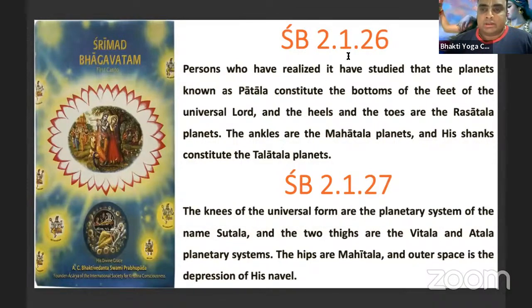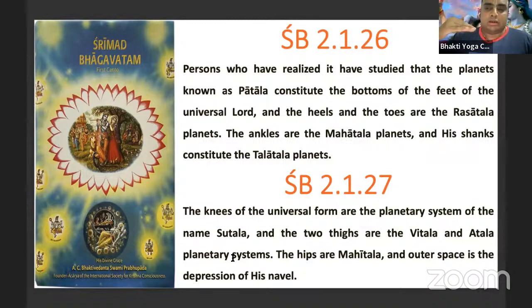Then in the same chapter, chapter 1 of second canto, verse 26, Shukadev Goswami continues: persons who have realized it have studied that the planets known as Patala constitute the bottom of the feet of the universal Lord, and the heels and the toes are the Rasatala planets. The ankles are the Mahatala planets, and his shanks constitute the Talatala planets. The knees are the planetary system of Sutala, and the two thighs are Vitala and Atala.